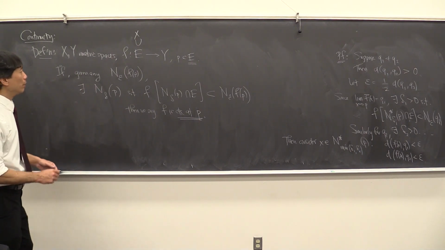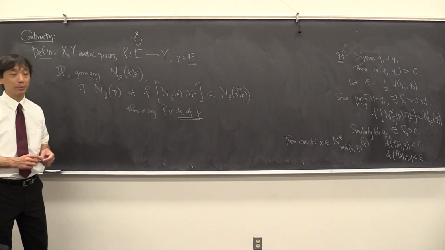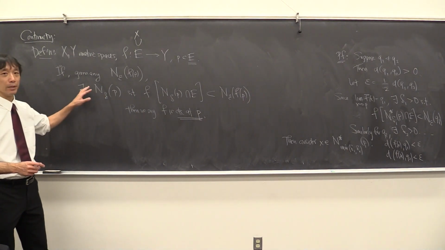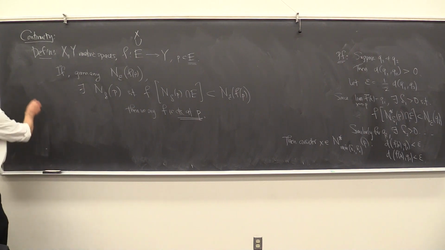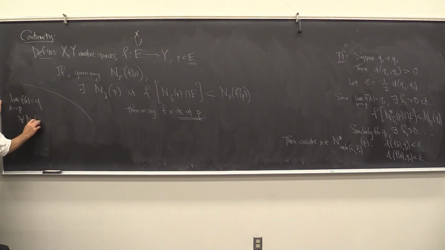Okay. So what's the difference here? Anybody see the difference between this and the limit definition? Remember, the limit of f of x being q as x approaches p was that, given any neighborhood around q, there exists a punctured neighborhood around p such that blah, blah, blah.